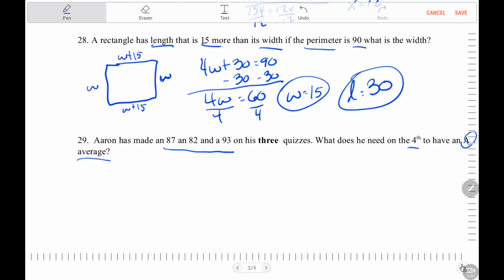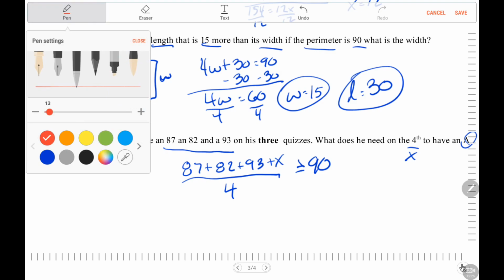But we don't know what the fourth one is, so this one is X. Be very aware of that. 87 plus 82 plus 93 plus X, because we want 4 tests divided by 4, needs to be greater than or equal to 90, because that's what we want for an A.